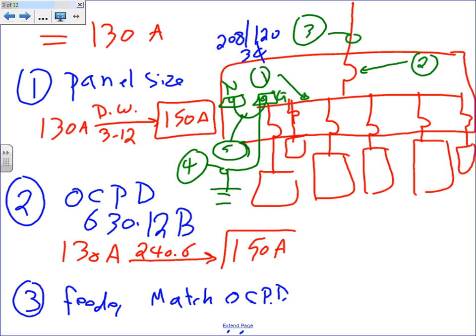So we basically hit the jackpot. 150. My panel matches the overcurrent protection device, and that's the best scenario that you have as a designer. When your panel and overcurrent protection device match, you don't have copper inside the panel that's not used. You're taking full advantage of the copper. There's some places where you can go up rather than down.